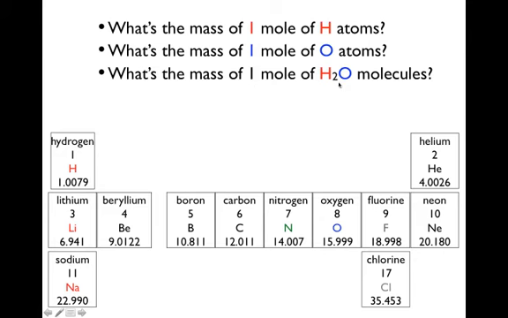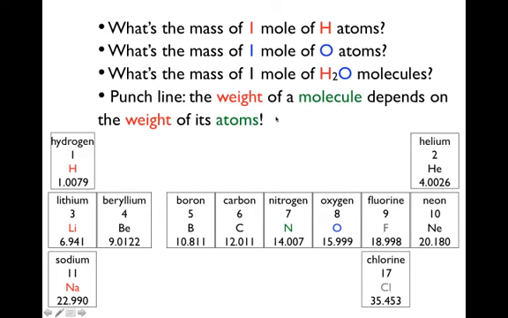So 1 mole of water weighs about 2 grams plus 16 grams, which is 18 grams. So the punchline is that the weight of a molecule depends on the weight of its atoms. And you can figure out how much 1 mole of anything weighs as long as you know its chemical formula, and as long as you can look up the rest of the information on the periodic table.